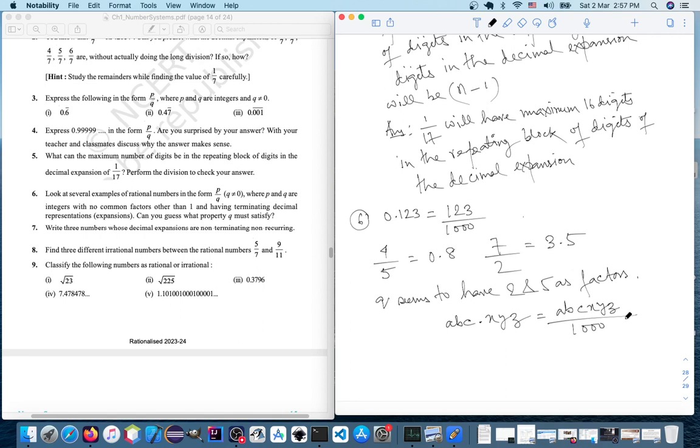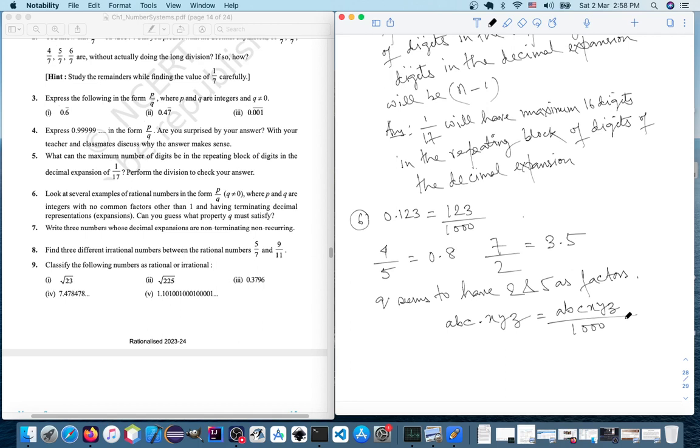So any terminating decimal, we can always convert into P by Q form by removing the decimal point and dividing that number by some power of 10, and the power will be the number of digits after the decimal point.